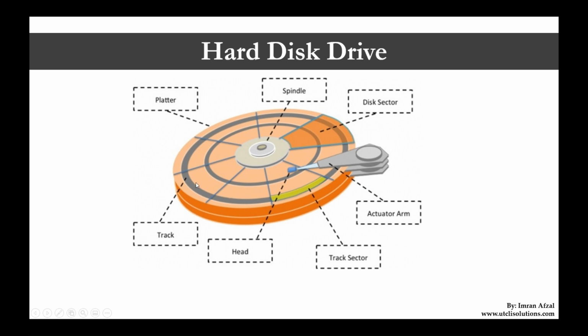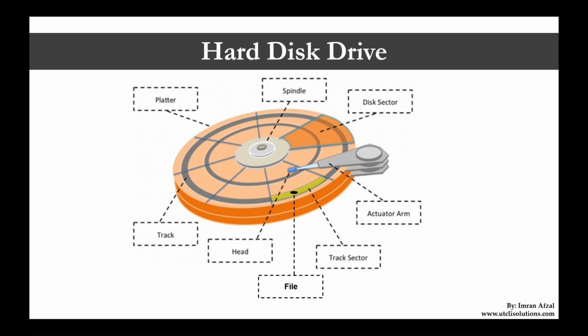Now, this is the track. Each disk has a long track, just as if you are on a running track. Each track on a disk has sectors. This is a disk sector, but this is a track sector. Inside of this track sector, these little blocks, these little chunks that you see, are the actual files that you have saved on your computer.